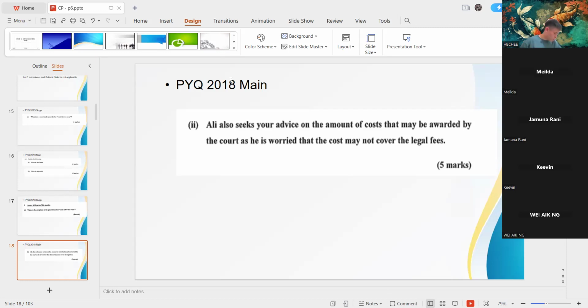If you look at Part One, the basic cost, because I don't have the full question with me at this moment, the table there tells you on what kind of action the maximum cost that the court will award is based on that table. So if you are worrying that your legal costs cannot be covered, I'm so sorry, because we have to follow whatever costs are set out in the rules of court.